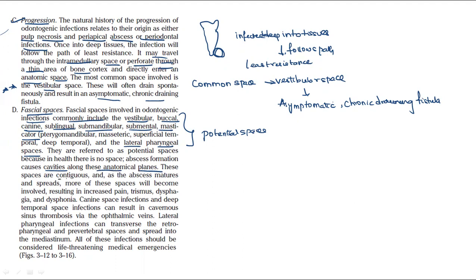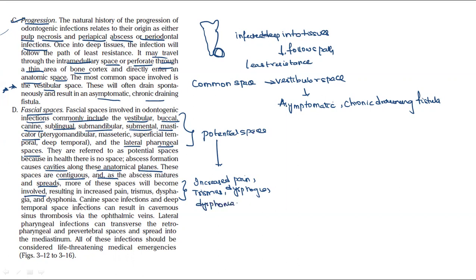These spaces are contiguous, and as the abscess matures and spreads, more of these spaces will become involved. So when these spaces are involved, there will be increased pain, trismus, difficulty breathing, dysphagia, and dysphonia, difficulty to eat, difficulty to talk.